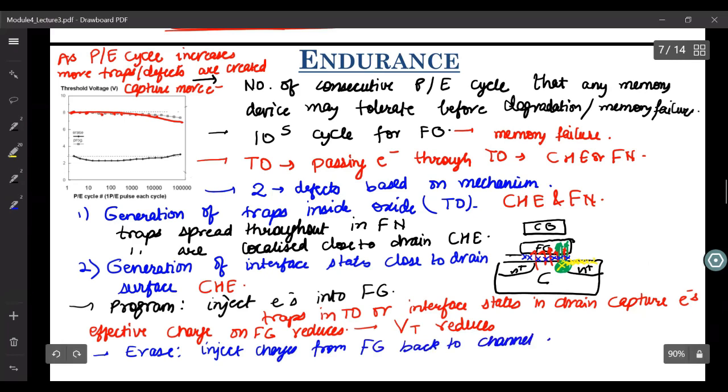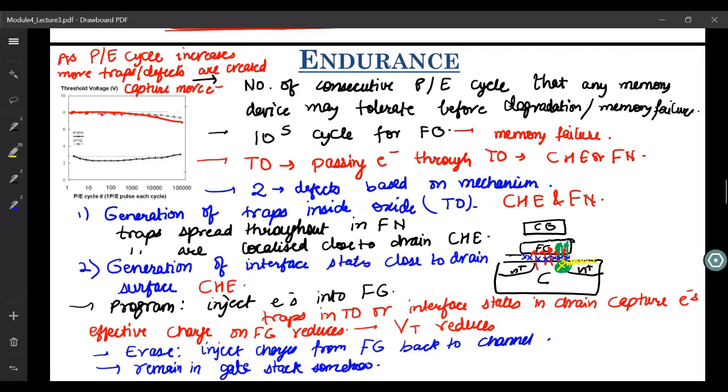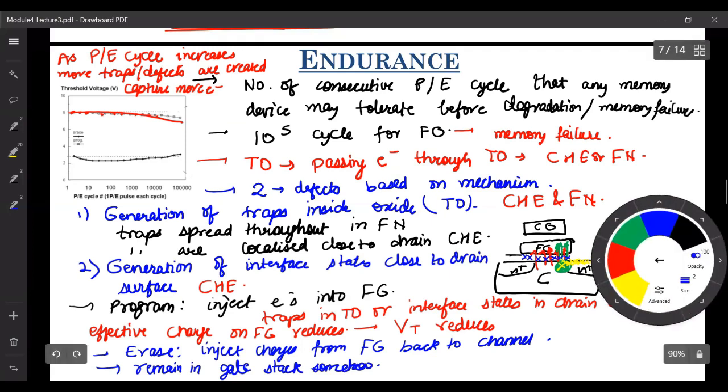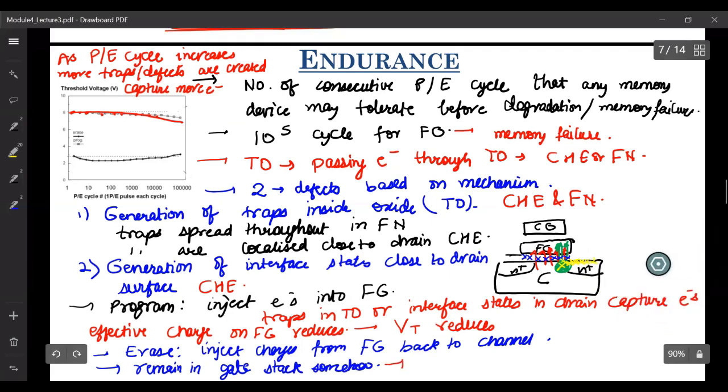Remember that if they are not pulled back to the channel, if they remain in the gate stack somehow, then from the floating gate they should be brought back into the channel. If they remain in the tunnel oxide, they may again lead to a shift in threshold voltage.